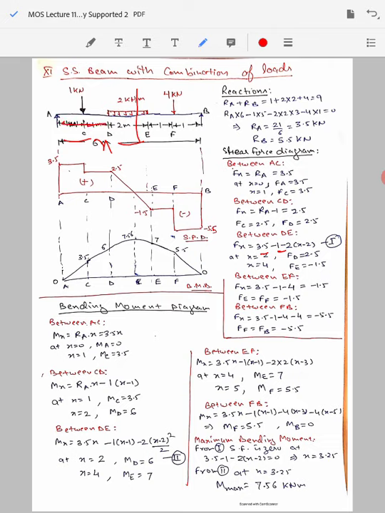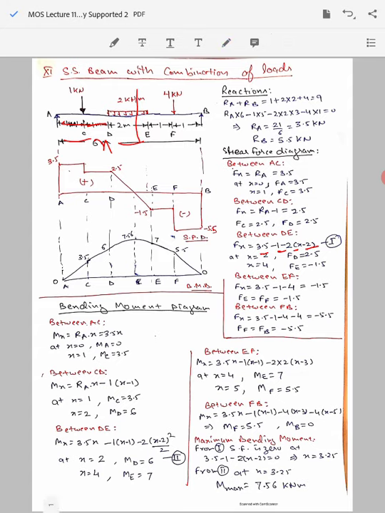So we need to subtract this distance of 2 meter from X in order to calculate the span on which the uniformly distributed load is acting. So that's why you get here 2 kilonewton per meter multiplied by the span over which it is acting, which is X minus 2. So this is our equation.